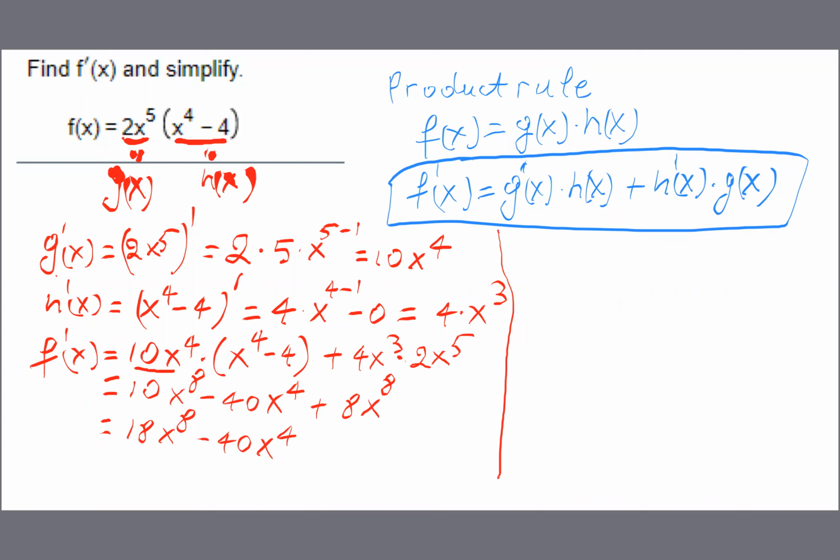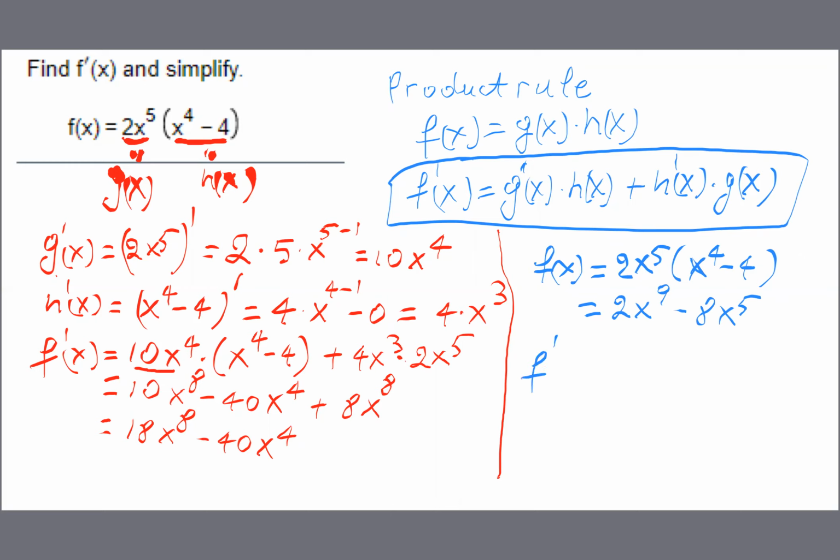Okay, so let's do this problem by simplifying first, meaning not using the product rule. I'm going to write f of x as 2x to the 5th times x to the 4th minus 4. Distribute 2x to the 5th into x to the 4th minus 4. That is 2x to the 9th minus 8x to the 5th. Now I can find the derivative using the power rule and the rules of differentiation.